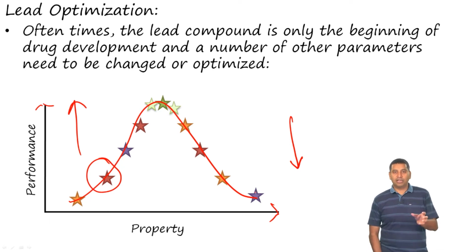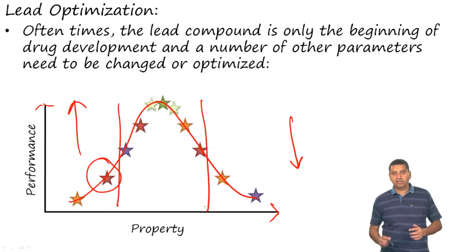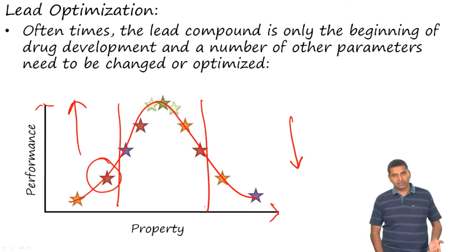So we are restricted to a zone where we get the best performance when a particular property is optimized. This optimization requires synthesis, it requires screening the compound once again, and so on.